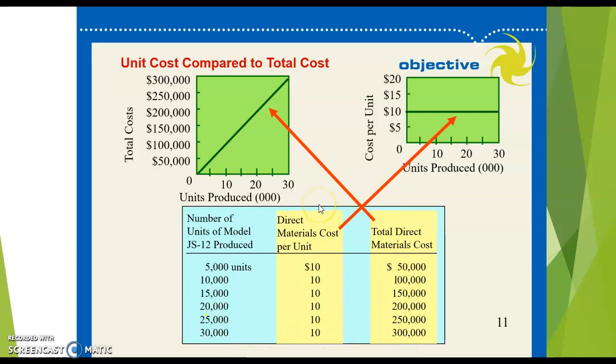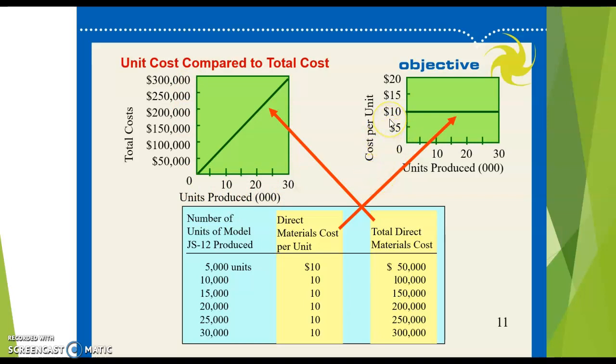Then we can plot those. So the total line is going to look like that, whereas the cost per set of parts stays flat at $10. So a variable cost always acts like this. A variable cost always has this diagonal line on the graph. The total costs are going to go up if the number of units goes up.